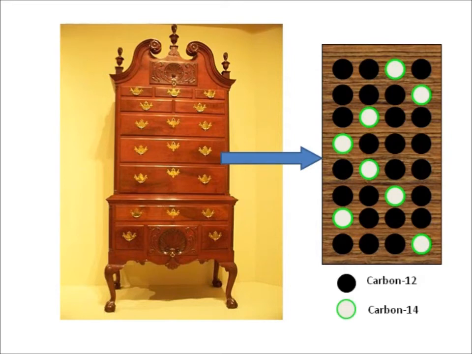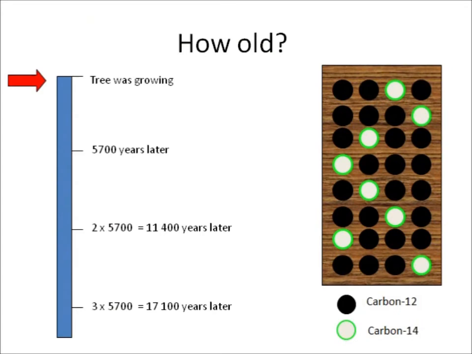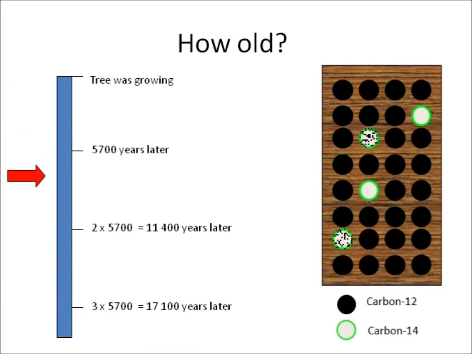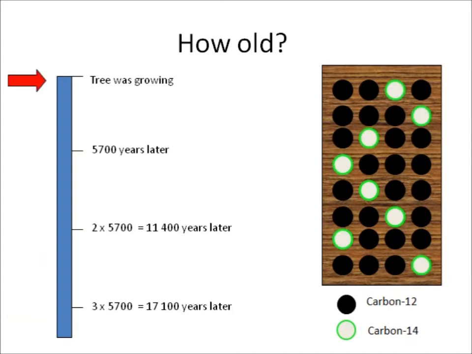Now remember, carbon-14 is slightly radioactive and will eventually decay. So if we watch the piece of wood over time, the carbon-14 is gradually decaying and becoming carbon-12. Now when an archaeologist digs up something that's made of wood, they look at the amount of carbon-14 and the amount of carbon-12. If an object has got a lot of carbon-14 still in it, then they know it was made of a tree that was very recently growing, therefore the object can't be very old.